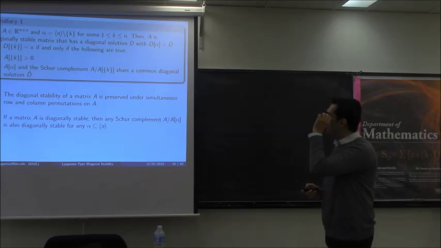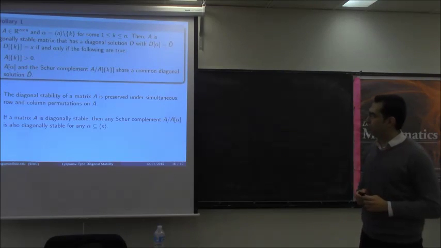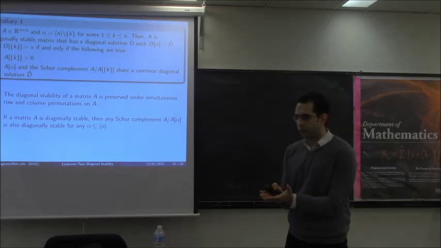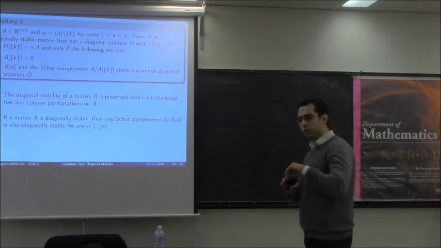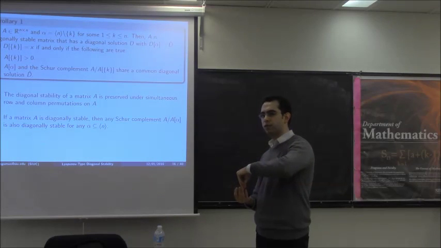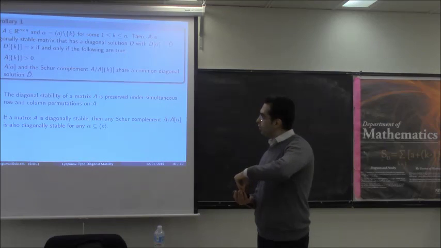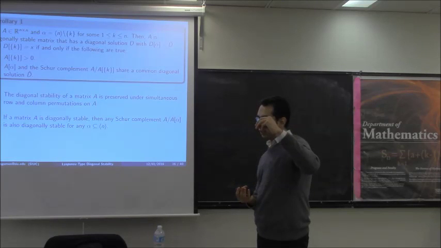Now, one corollary of this result. We use Schur complements, and this Schur complement is on the last diagonal entry of this matrix. Actually, we can extend this to any diagonal entry.